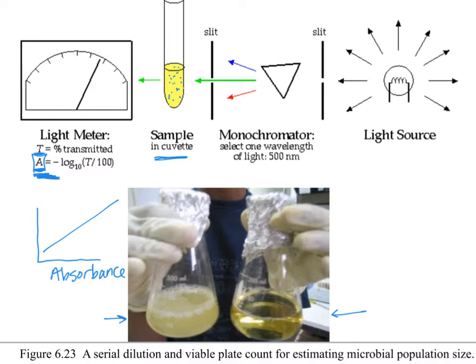Okay, so here's numbers of cells on the X and absorbance on the Y. And then next time you took an absorbance reading, you could say, okay, that corresponds to whatever number. But again, absorbance by itself is not an actual number of cells.